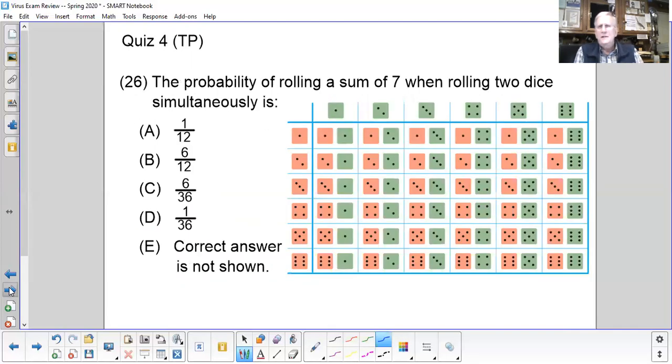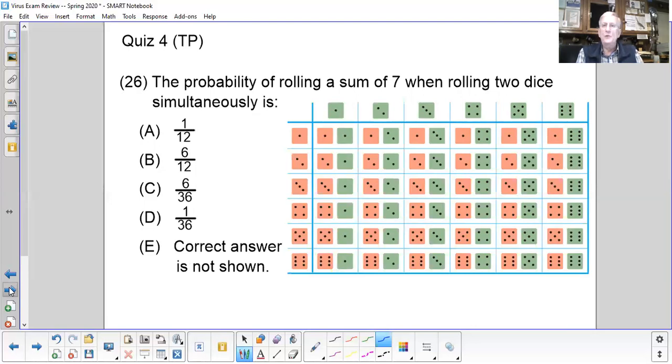26. The probability of rolling a sum of 7 when rolling 2 dice simultaneously is what? Well, how many 7s do you see up there on the screen of the 2 dice when you put them together? The diagonal going from the lower left to the upper right all has 7s, doesn't it? 6 and 1, 5 and 2, 4 and 3, 3 and 4, 2 and 5, 1 and 6.